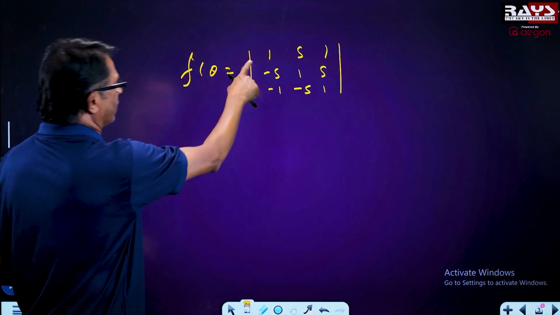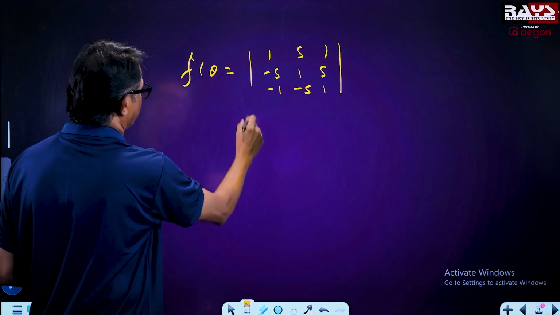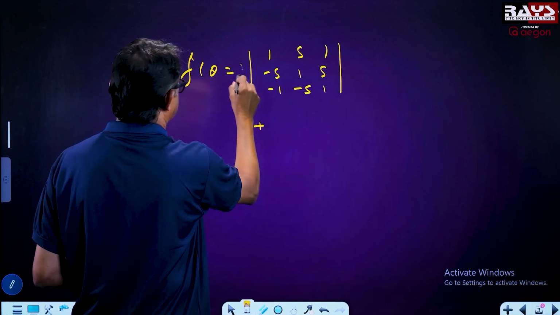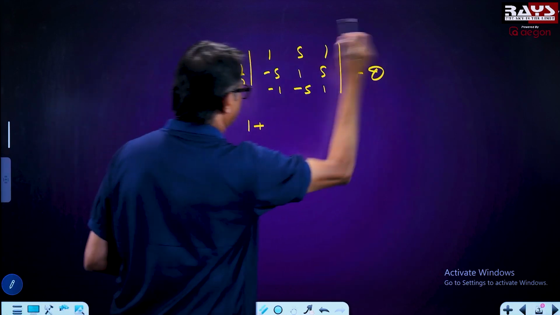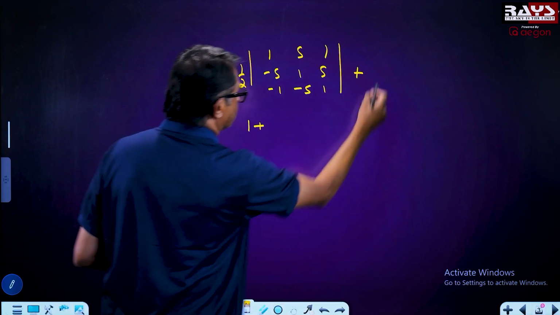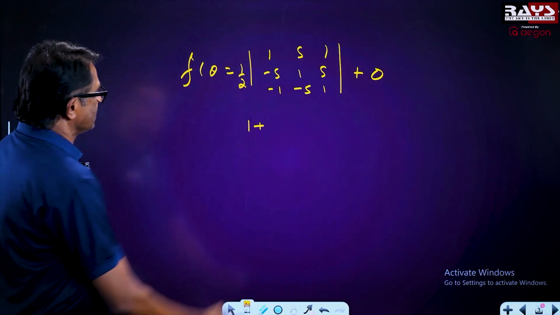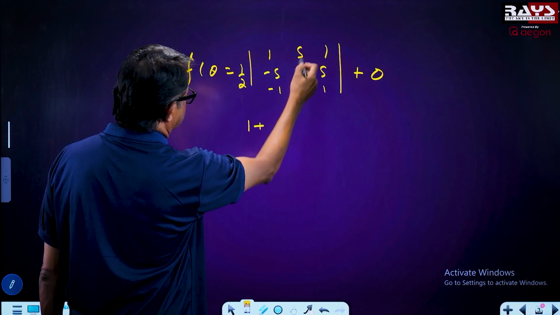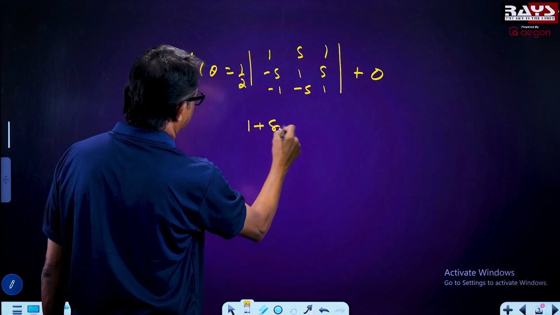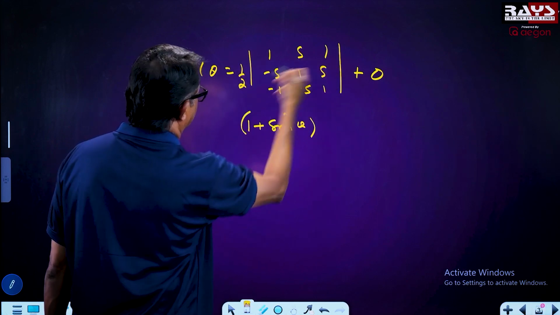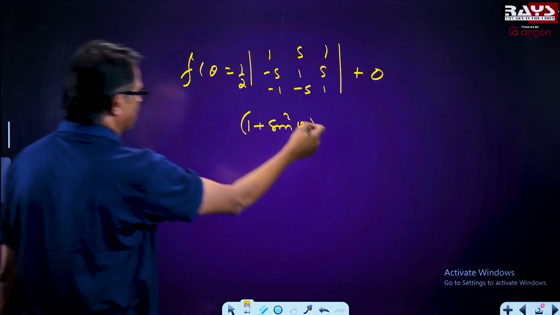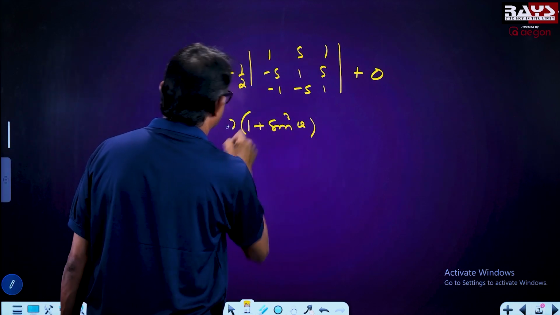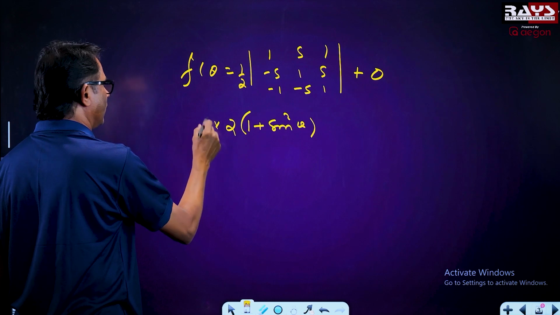So when you expand, you will get 1 into 1 plus sin square theta, minus sin theta into again 0, plus 1 into sin square theta plus 1. That is 2 into 1 plus sin square theta, into a half.